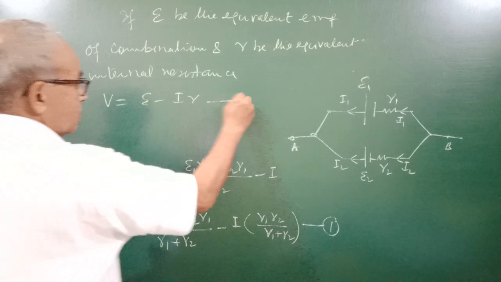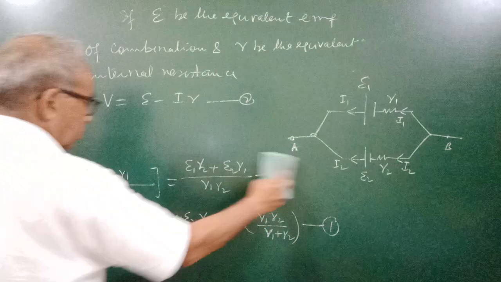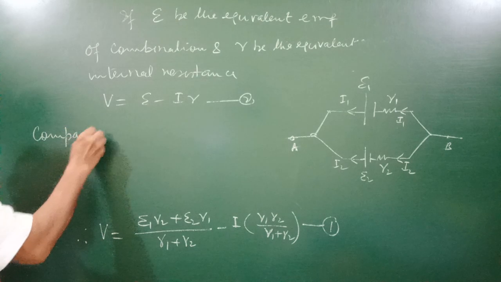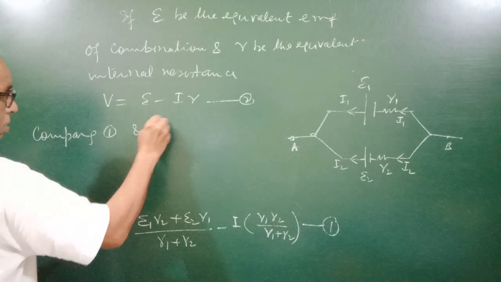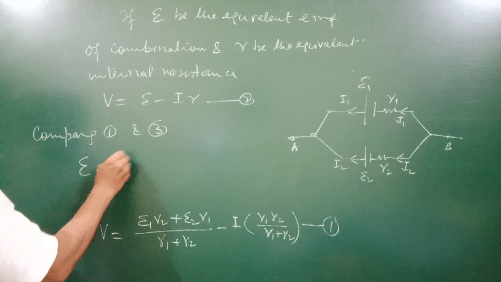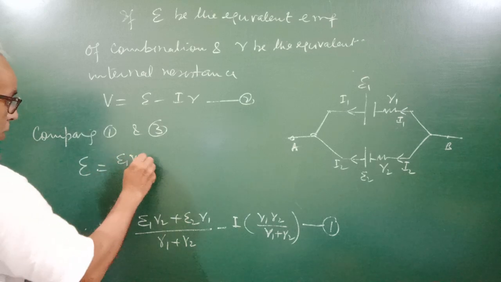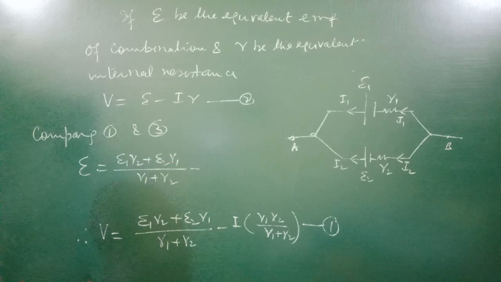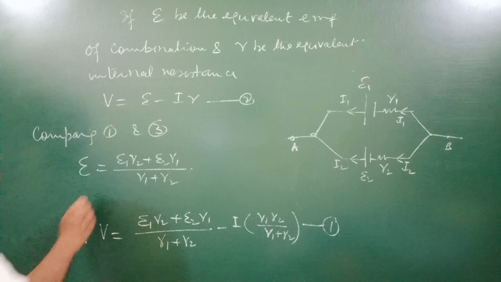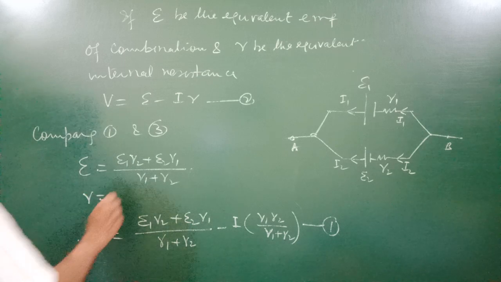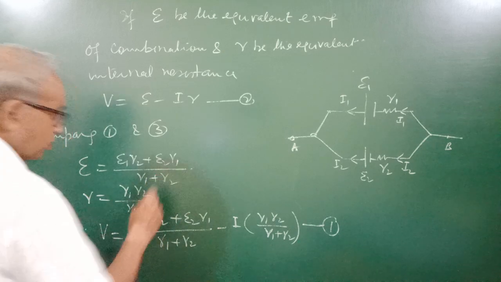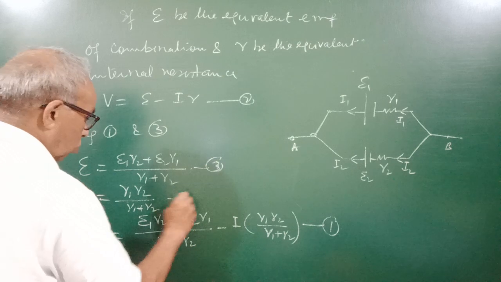comparing 1 and 2, E equal to E1 R2 plus E2 R1 upon R1 plus R2, and R equal to R1 R2 upon R1 plus R2, equations 3 and 4.